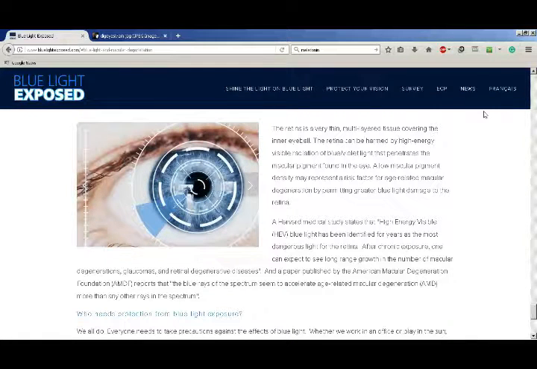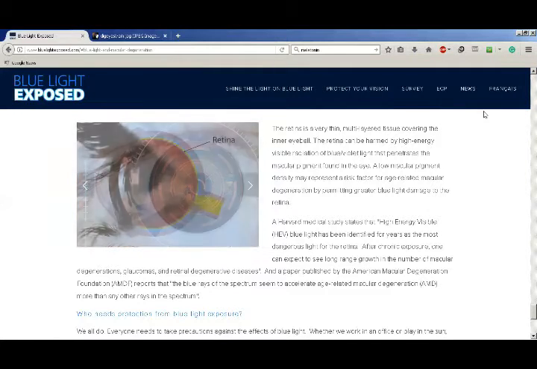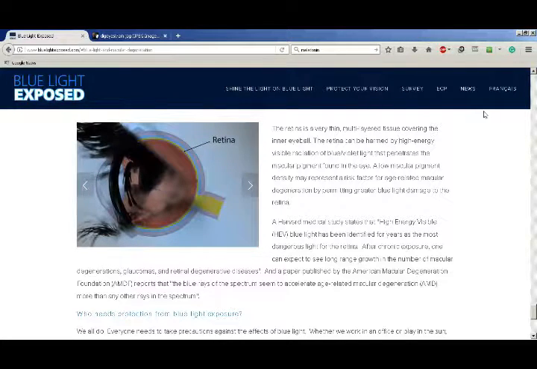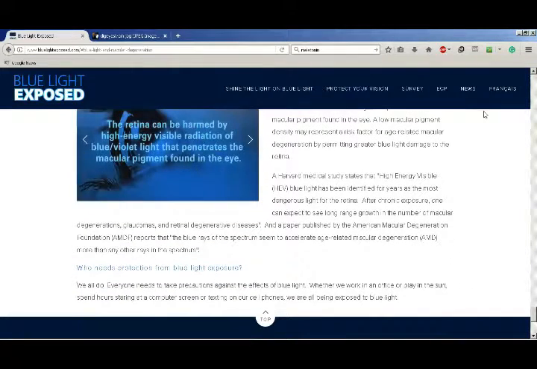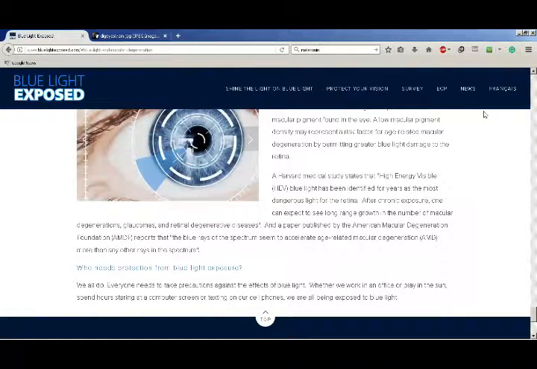Okay, a low macular pigment density may represent a risk factor for age-related macular degeneration by permitting greater blue light damage to the retina. It says a Harvard medical study states that high energy visible blue light has been identified for years as the most dangerous light for the retina.